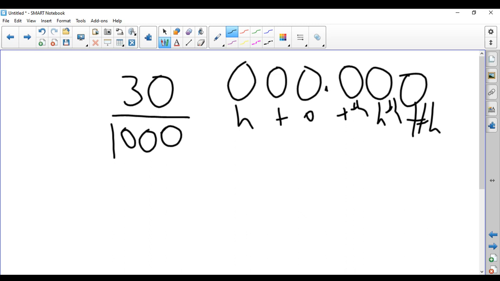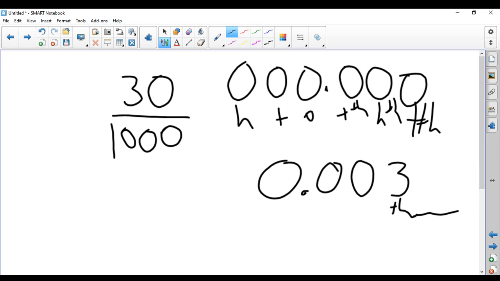I have to make sure that when I put this in, I include a 0 before the decimal. It's a little reminder. I make sure that that decimal is apparent, and then I'm counting spaces. Do I have any tenths? No, 0 tenths. There are 0 in the tenths place, but this says 3 thousandths. So that's not what I have for my fraction. I have 30 thousandths, which must mean that if I have 10 thousandths, I actually have 1/100th.